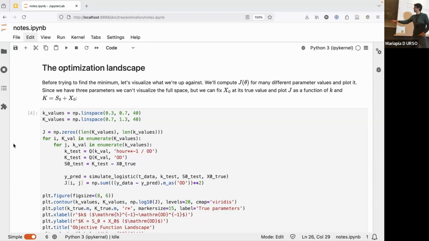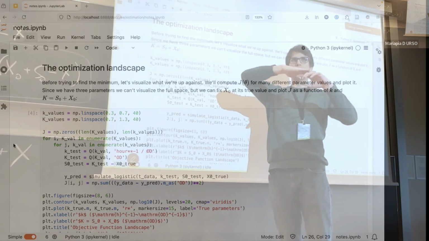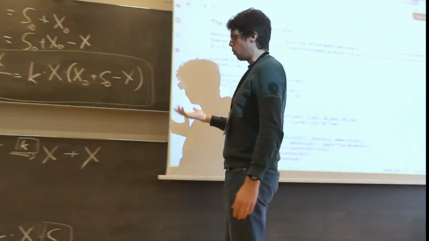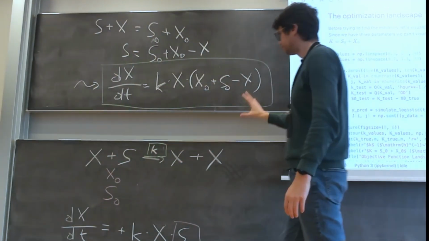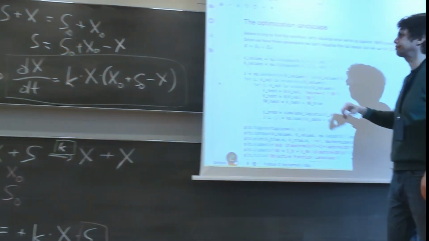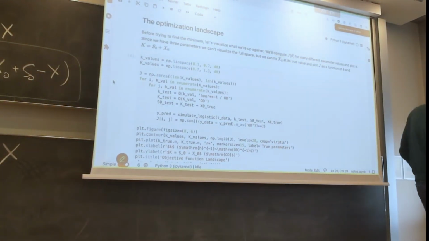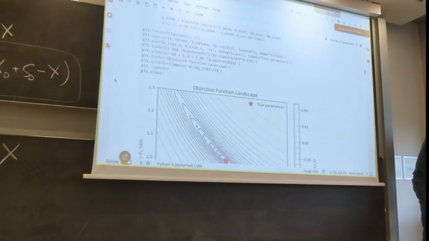So that we have a 2-dimensional system, we only have small k and capital K. Capital K is the plateau, where we end, because once all the substrate is taken up, X will be equal to K. Okay, and we're just going to plot this here in 2-parameter space with the loss function.